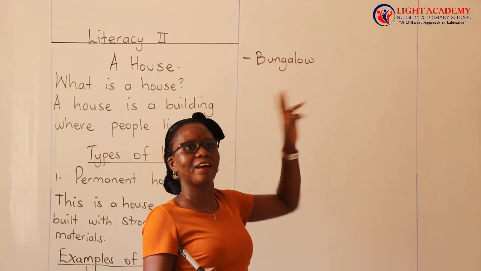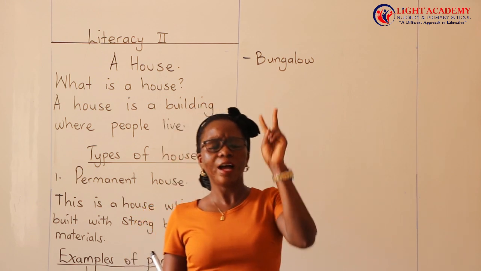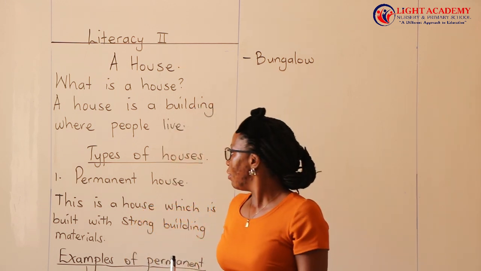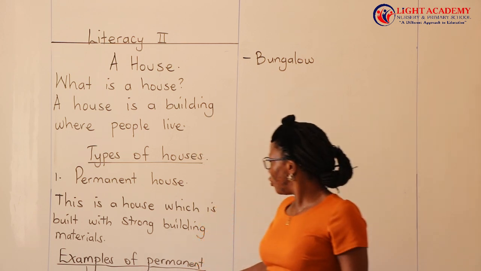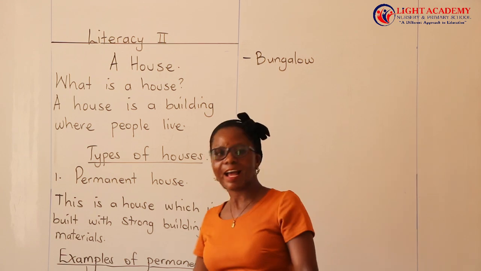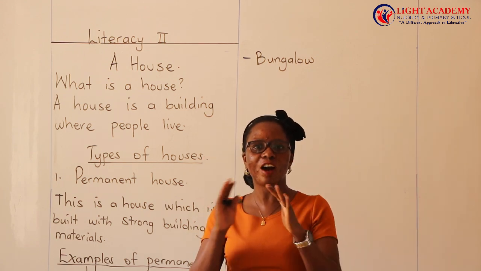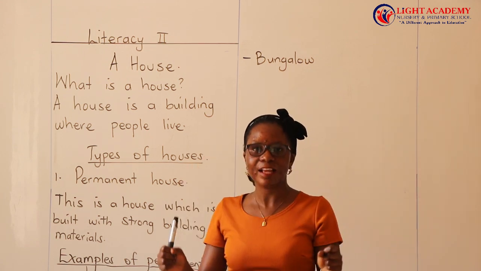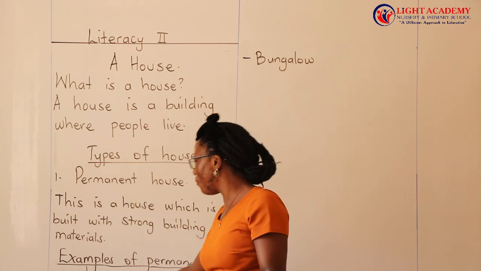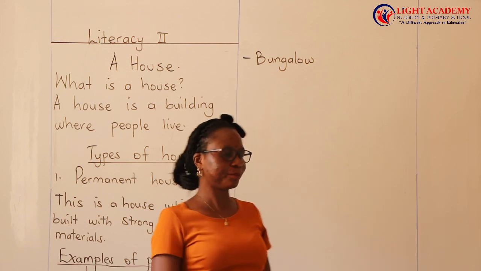So these are the only 2 permanent houses that we have: a flat and a bungalow. There is no other permanent house apart from these 2.